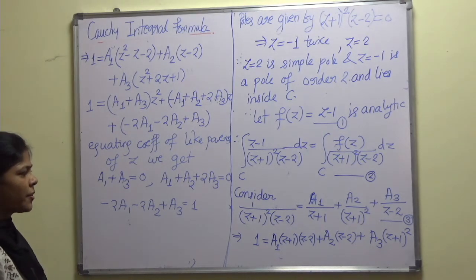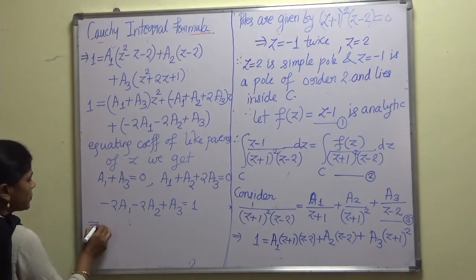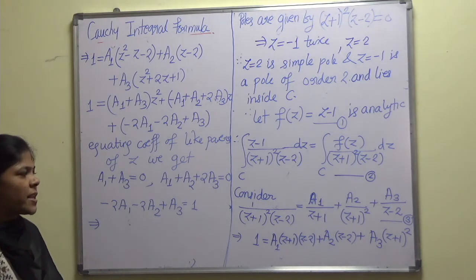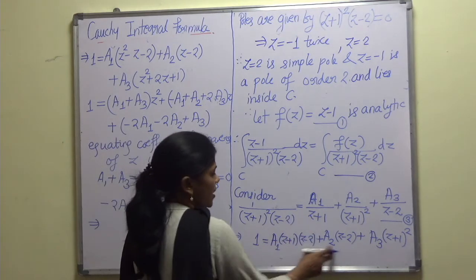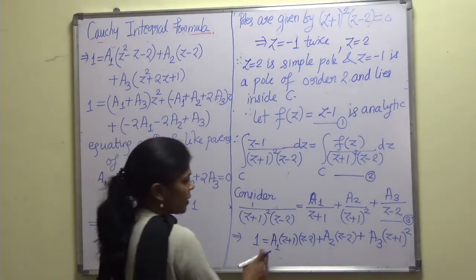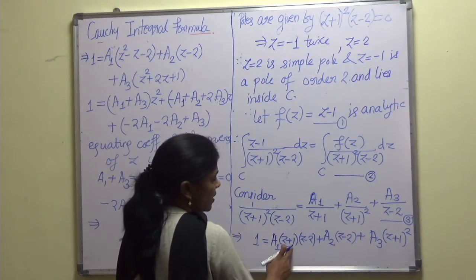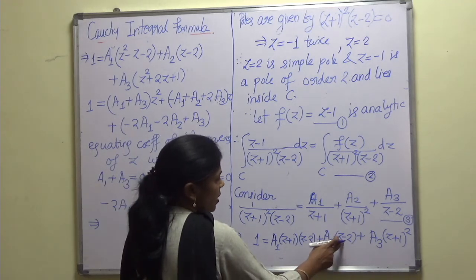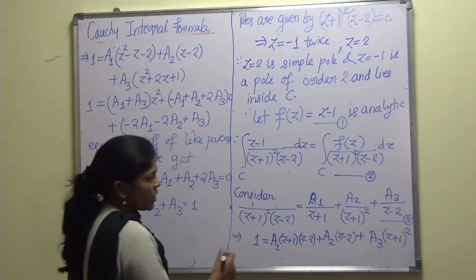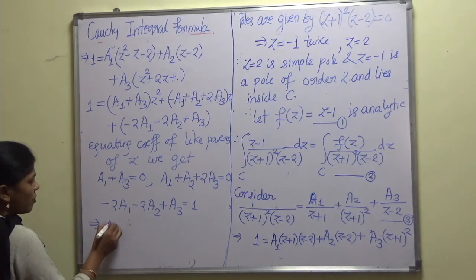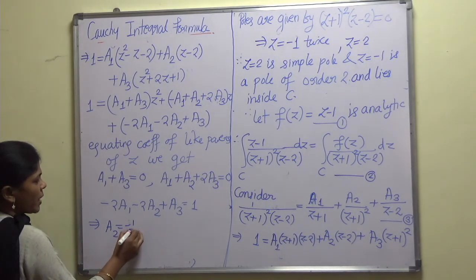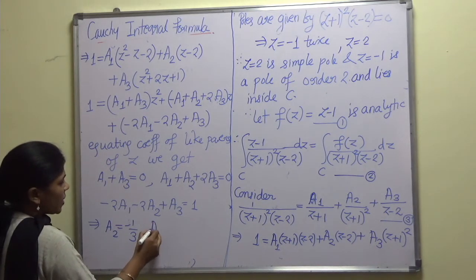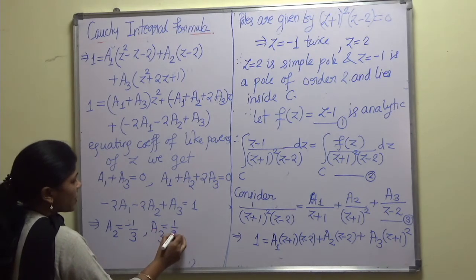So you will get after simplification, so this implies, if I put z as minus 1 in this expression, in order to make this process simpler, the first and last term vanish and minus 1 over here, so minus 1, minus 2, minus 3, so what will be a2? a2 will be nothing but minus 1 by 3, and as we have a1 plus a3 equal to 0, so that's why a3 will be plus 1 by 3.